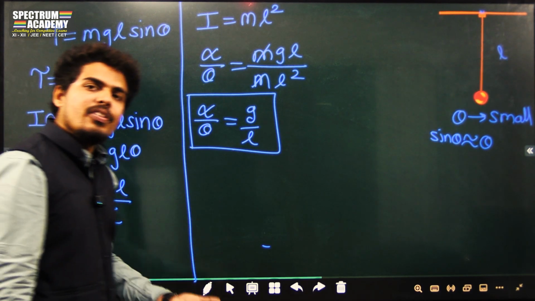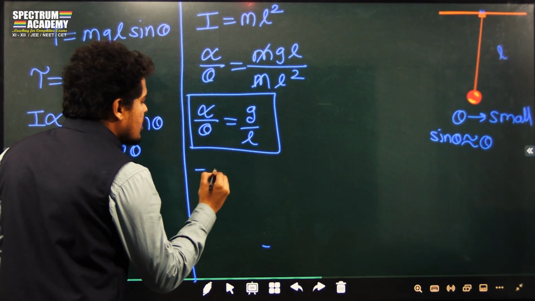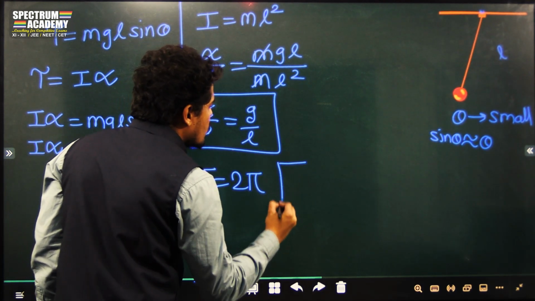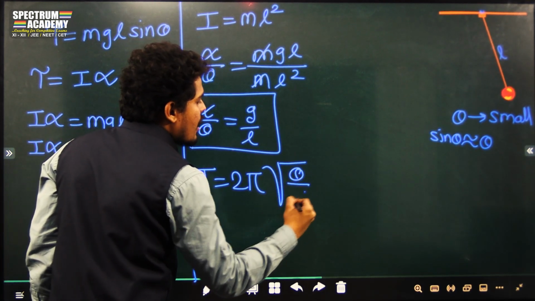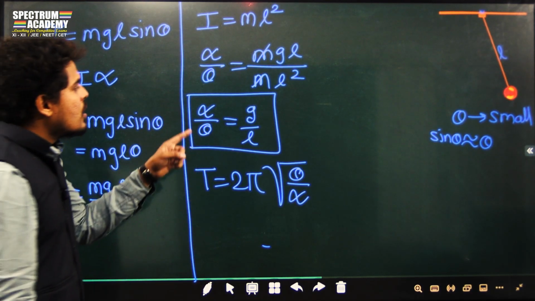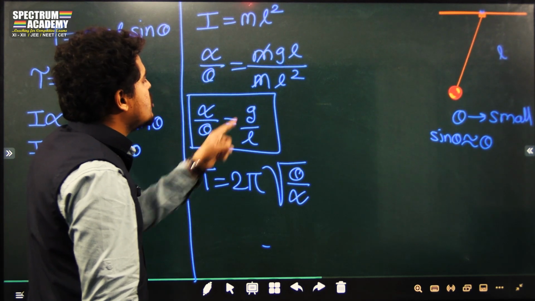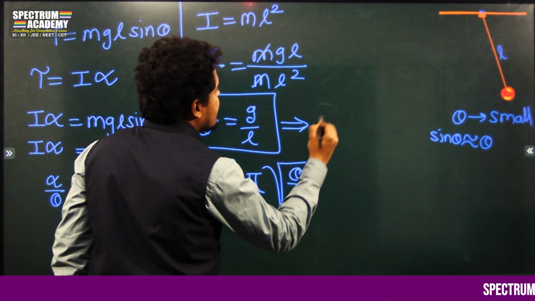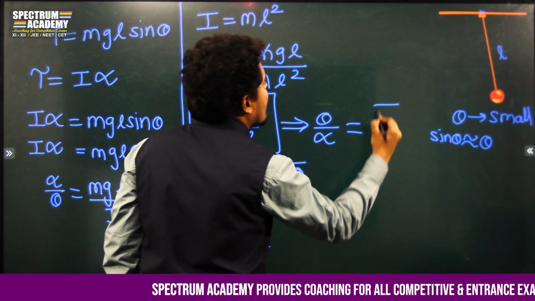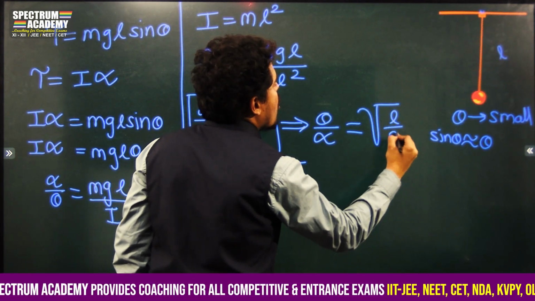But in the previous slide we have seen that the time period is given by 2π under root of θ upon α in angular SHM, right? So if α upon θ is g upon l, then θ upon α is under root of l upon g.